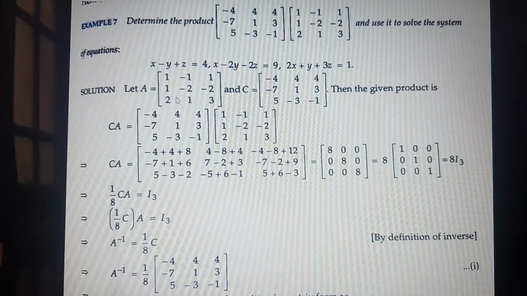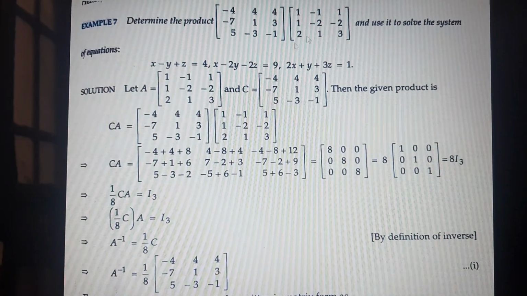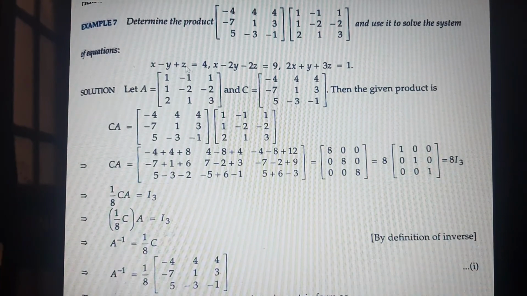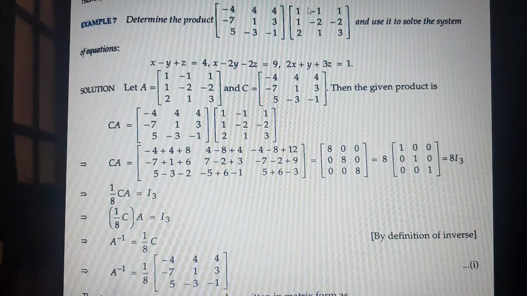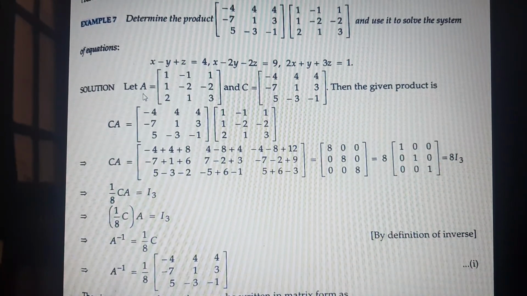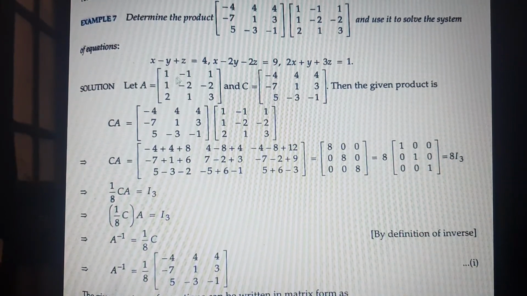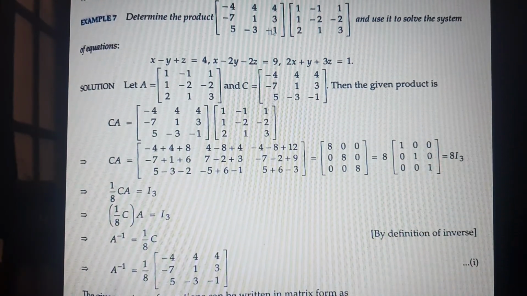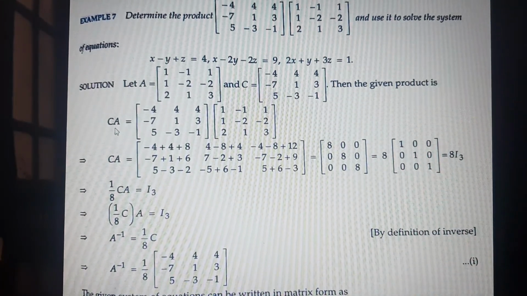So first we have to find the product of these two. You can easily see that the coefficients of these equations, 1, -1, 1, 1, -2, 2, 1, 3, are used in this matrix. So we will give this matrix the name A, and this we have taken as another matrix C. So what we have to find is the product CA.